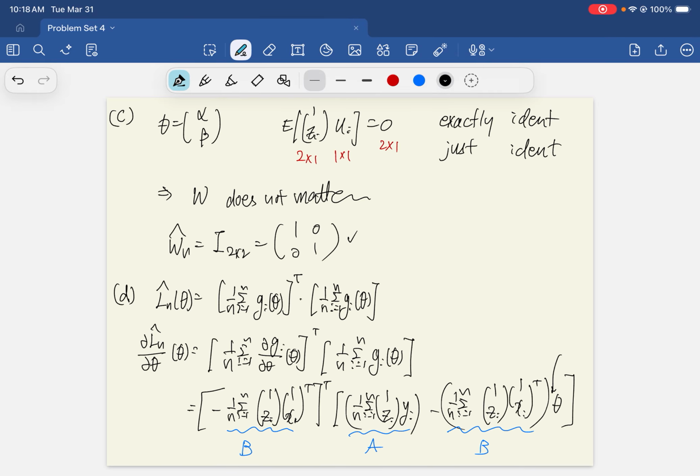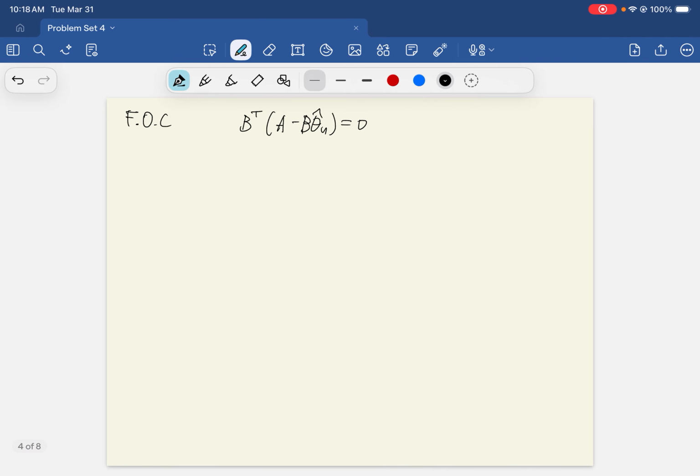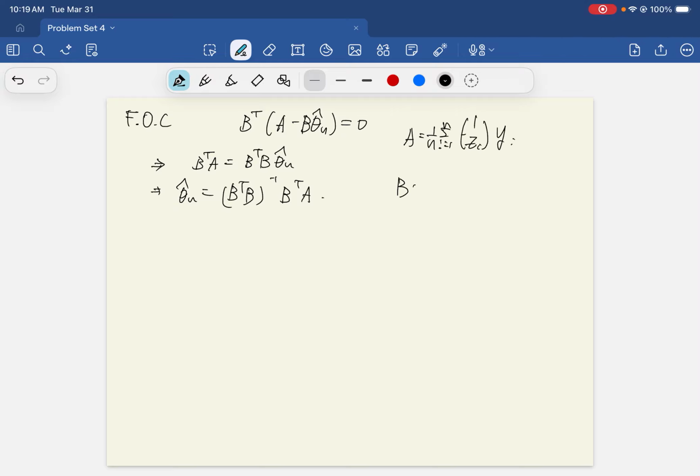When you plug in theta hat here, this derivative is a function of theta only. So if you write this out and expand it, you are going to get theta hat_n is (B transpose B) inverse B transpose A. By the way, let's remember A was the average of (1, z) y_i, and B was the average of (1, z)(1, x) transpose.